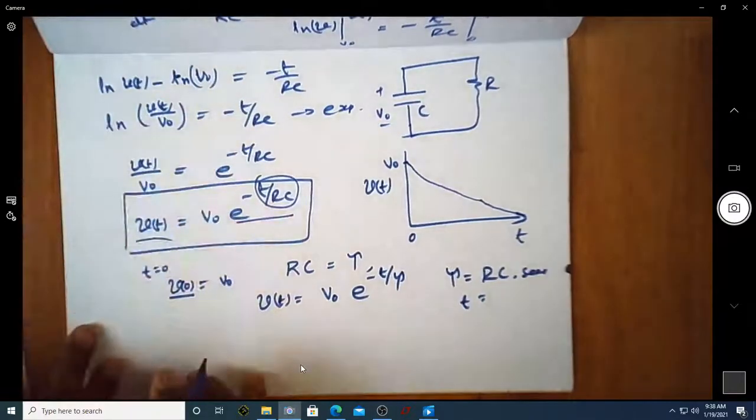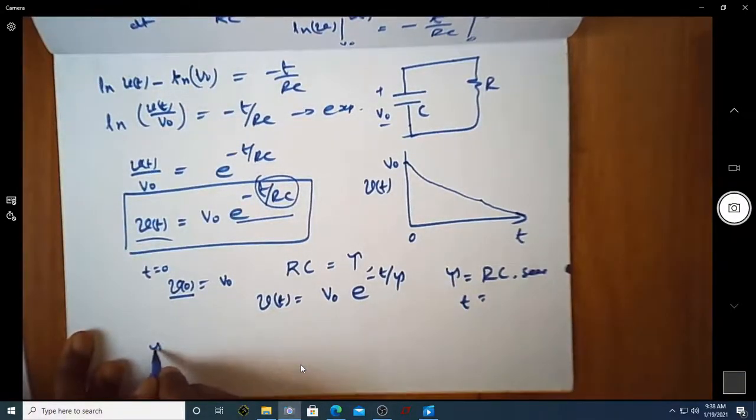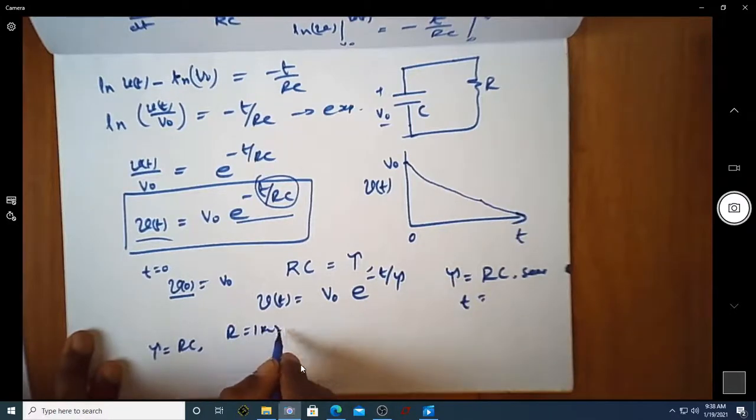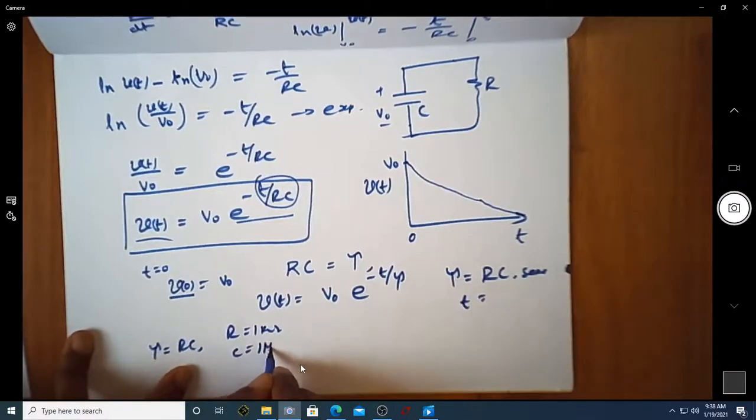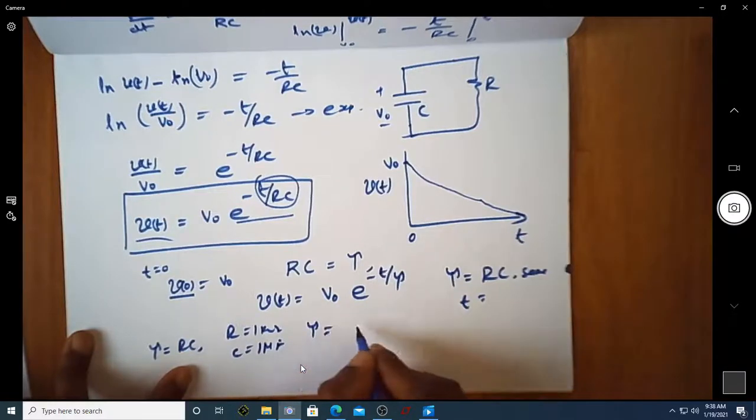Suppose you consider the value of R as 1 kilo ohm and the value of C as 1 microfarad, then tau happens to be 1 millisecond.